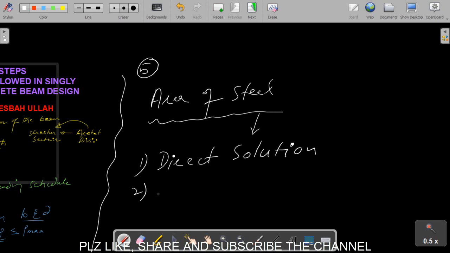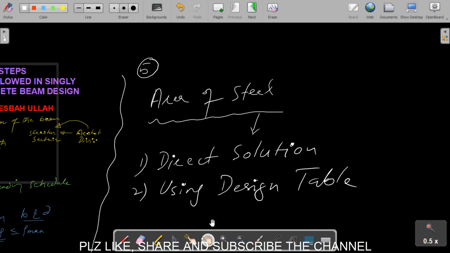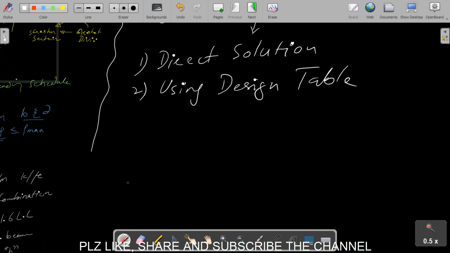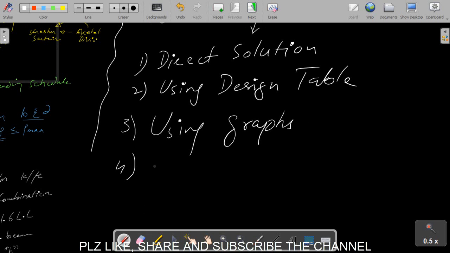The second method is using design tables. The third method is using graphs, design graphs, and the fourth one is the trial and error method.